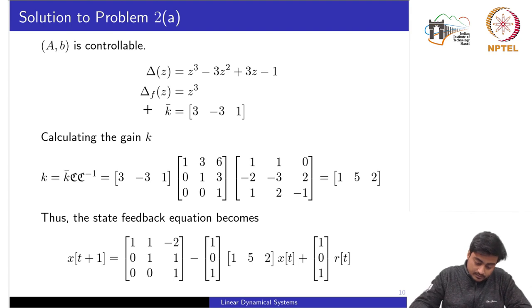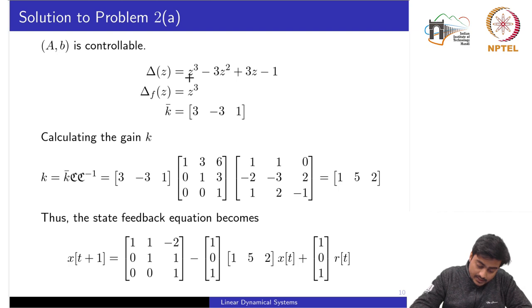Okay. Now first of all we need to check the controllability of the pair A, B, which you can do by computing the controllability matrix and then checking the rank of it. So here we will carry out the design using the eigenvalue assignment.